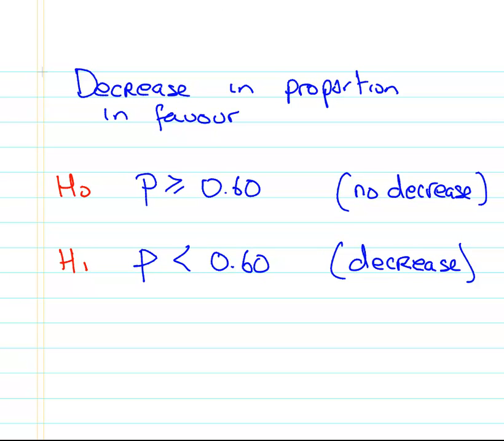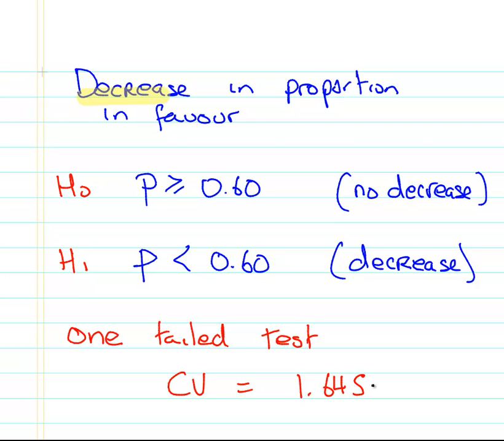So that's in case we were asked for a decrease rather than a change in proportion. Has the proportion decreased? Everything's pretty much the same as before, except this is a one-tailed test, and there the critical value would be 1.645, which would give us a different answer this time.